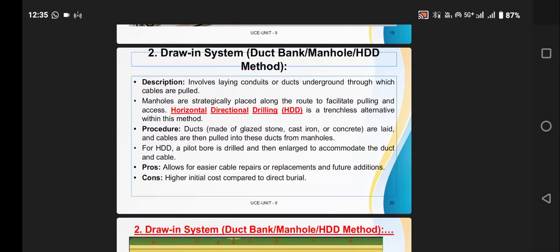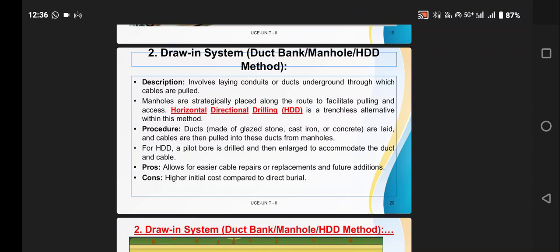The second method is the drawing system, which is also called duct bank, manhole, or HDD, that is horizontal directional drilling. This method involves laying conduits or ducts underground through which cables are pulled. Manholes are strategically placed along the route to facilitate pulling and access.